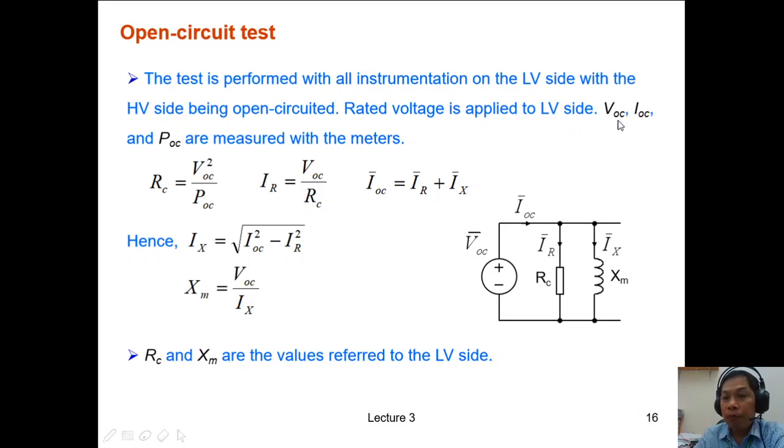So we have VOC, IOC, POC as the open circuit quantities we measure with those 3 meters. In the first step, we calculate RC, which is VOC squared divided by POC. Next, we calculate IR, the current component going through RC, by dividing VOC by RC, calculated in step 1. Then the IOC phasor will be IR plus IX.